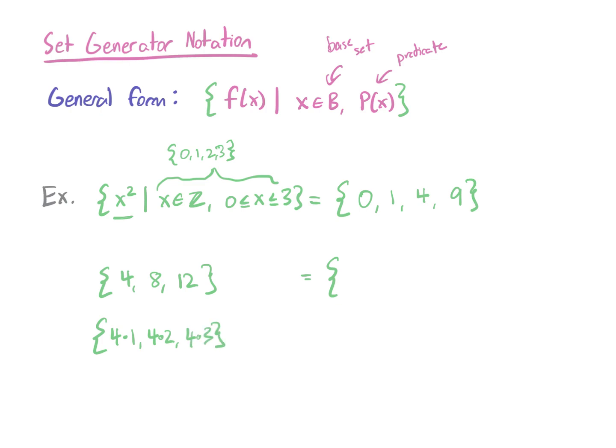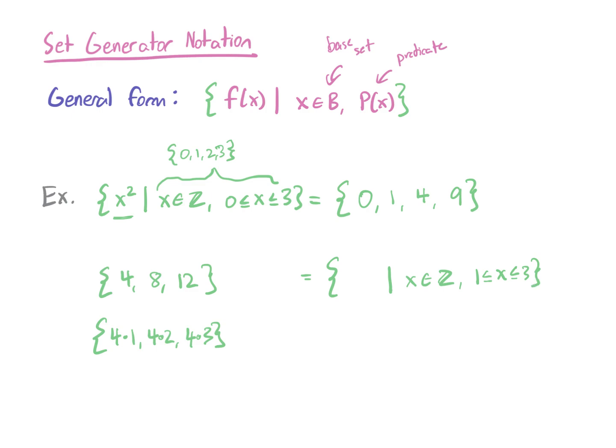So I can write set generator notation here by, first, starting on the right-hand side. I'm going to again use integers, and I'm going to specify that the integers are between 1 and 3.